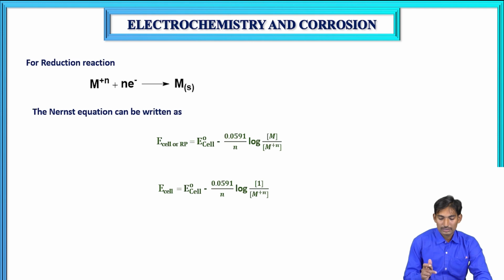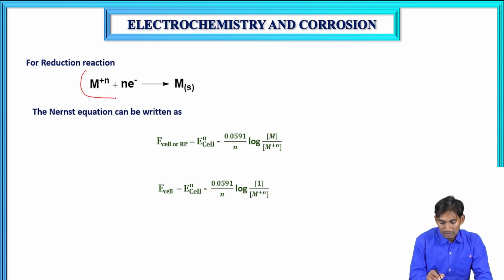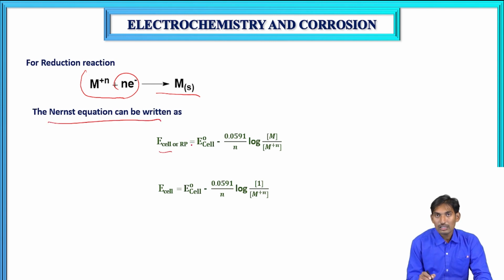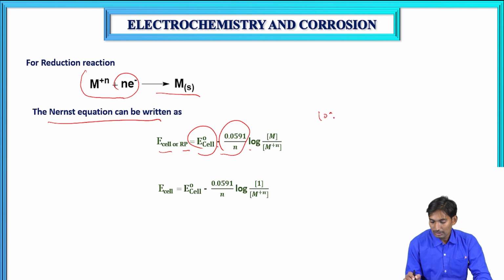Similarly, for the reduction reaction, M^n+ takes n electrons and forms metal M. The Nernst equation can be written as E cell, or reduction potential, equal to E naught cell minus 0.0591 by n, log Q. Q is the concentration of product by the concentration of reactant, that is, the concentration of M divided by the concentration of M^n+.